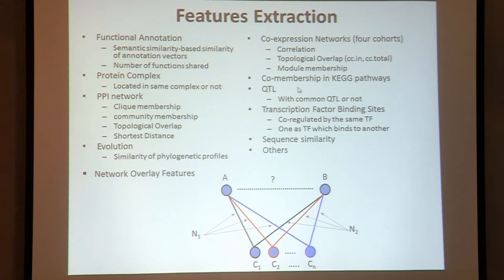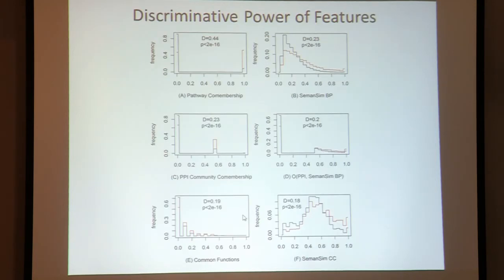We use something similar to topological overlap, as in WGCNA, and we extend this concept to multiple networks. So you can see the interaction between those two genes not only from one single network, but we also consider additional networks. This is a more formal integration of multiple types of networks, and it allows us to define more features for classification.